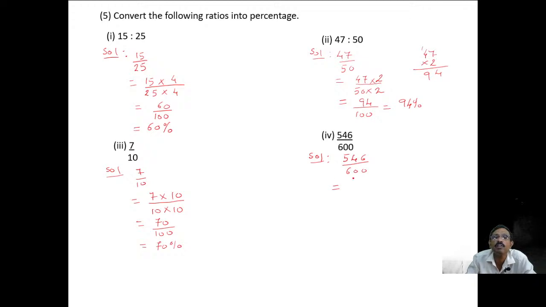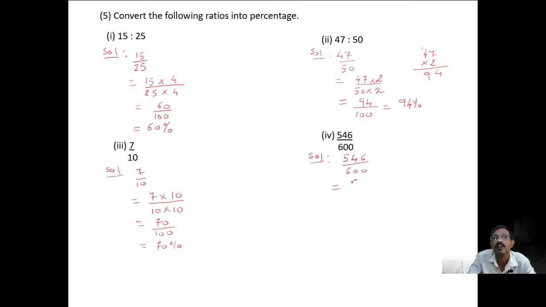But if you see, we have got 600 here. Is any multiplication possible here? No. If you multiply, you will get a bigger number. Because this is 600 and we have to convert this 600 to 100. We have to reduce it and bring it to 100, and then we can express it as a percentage. So when there is a bigger number, we divide it.